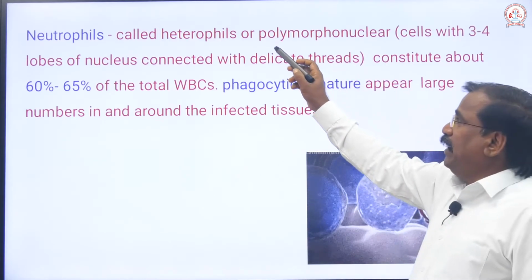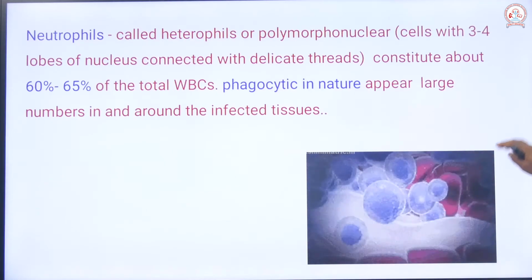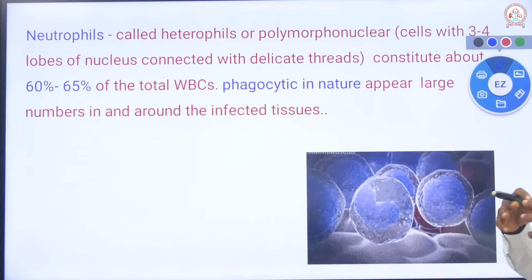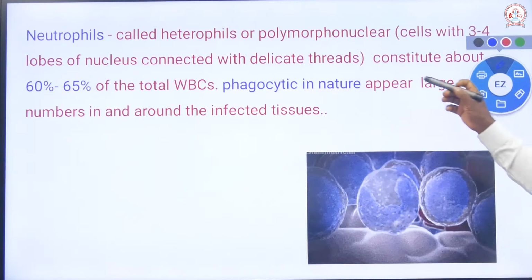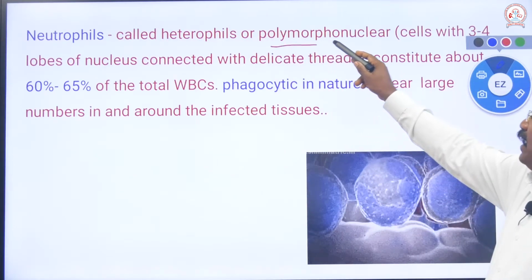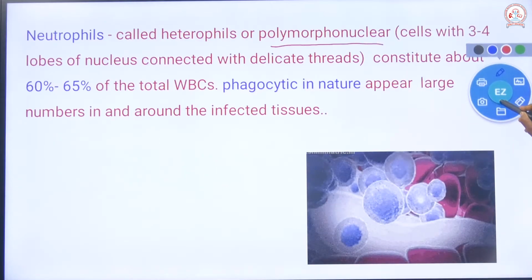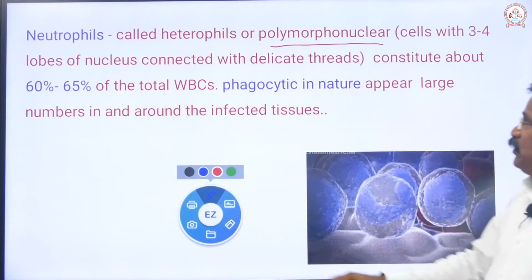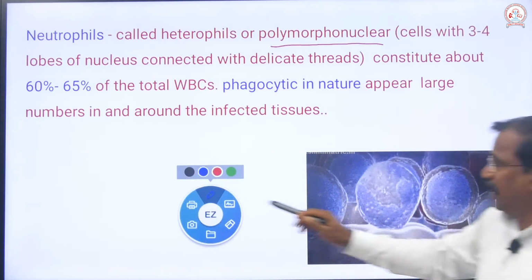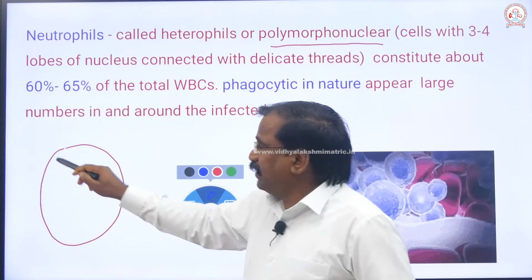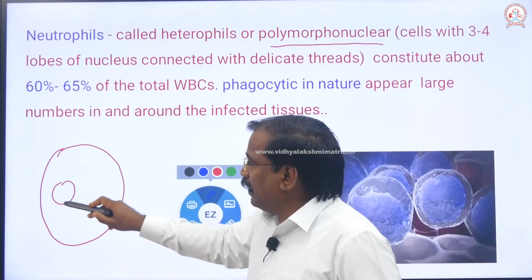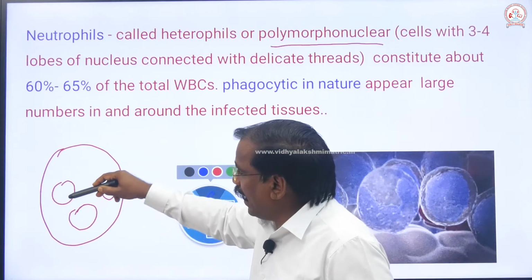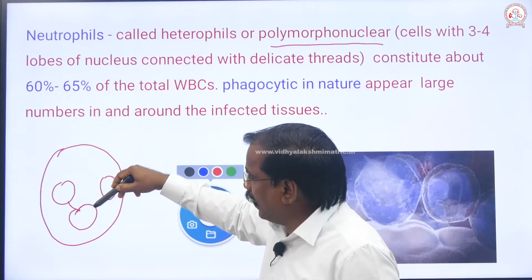Poly means many, so the nucleus is many lobed, polymorpho. The nucleus has 3 or 4 lobes, not a single one, which are interconnected by a delicate thread.